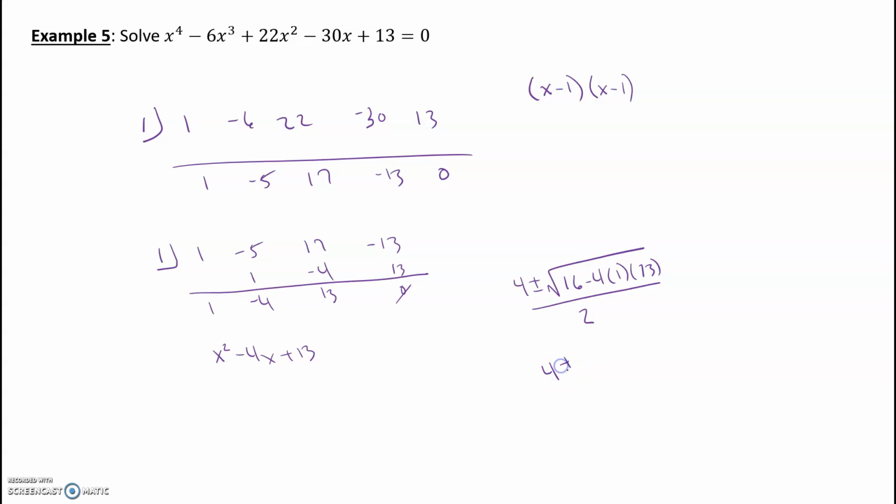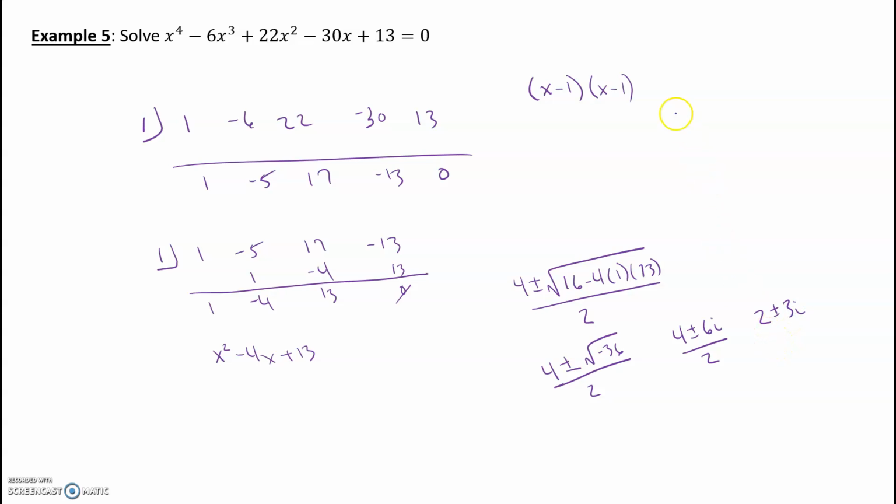So here we have 4 plus or minus, what do we got? 16 minus that is going to get us negative 36. And then remember, the square root of negative 1 is i. Square root of 36 is 6. So we got 4 plus or minus 6i over 2. And we're going to go ahead and divide by 2. So we got 2 plus or minus 3i.